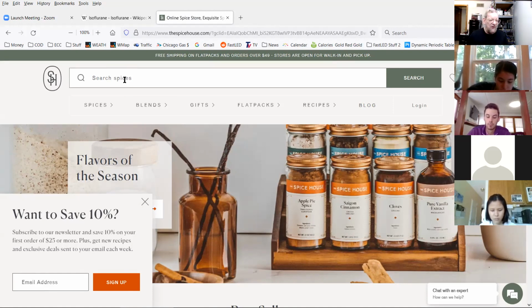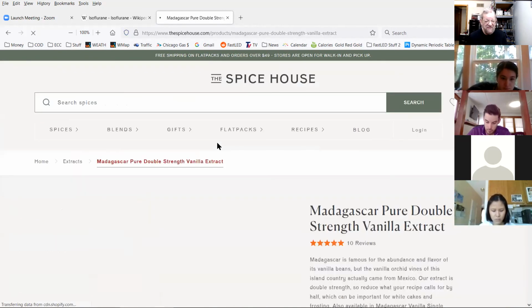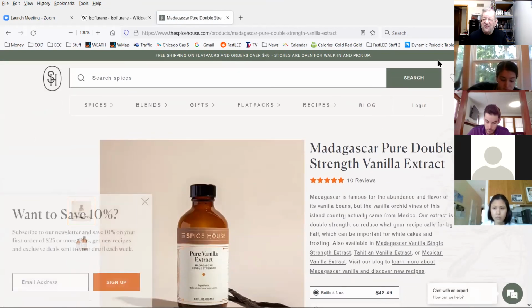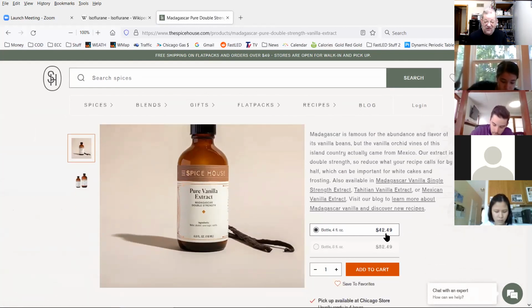But what I wanted to show you is this right here. Does everybody see the Madagascar double strength vanilla extract? I've got a big bottle in my house. And can you see the price of that? 4 ounces is $42 plus.